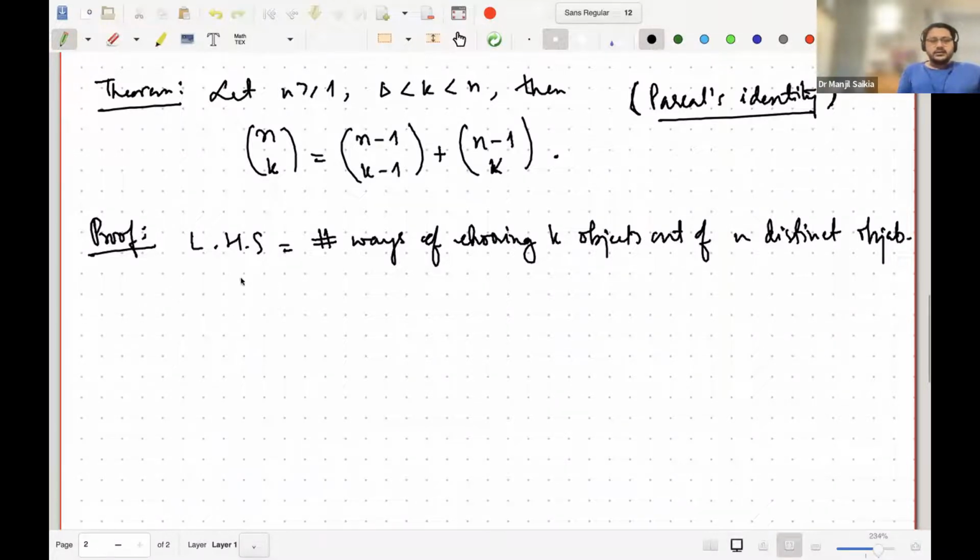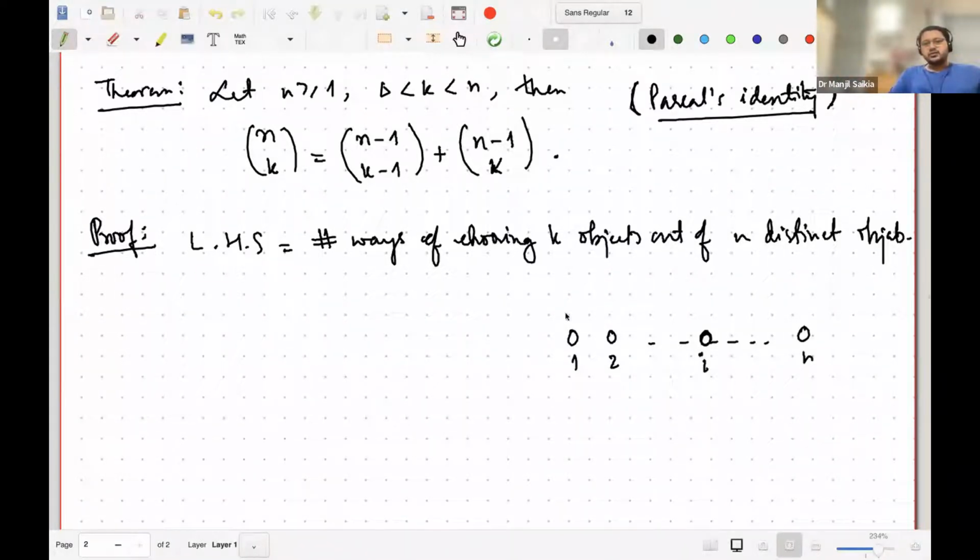Now let's look at how we can choose these k objects. What we can do is fix a certain object out of these n objects. Suppose we have n objects, and somewhere here is the ith object. What happens to this ith object? In our ways of choosing, the ith object can either be chosen or not chosen.